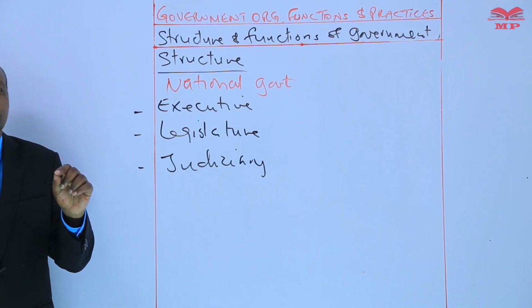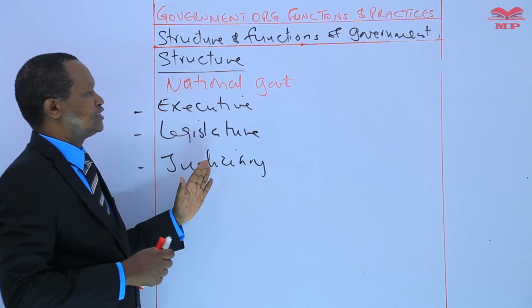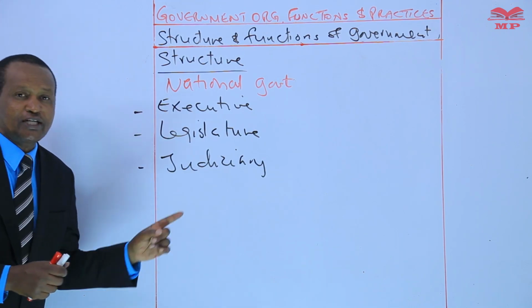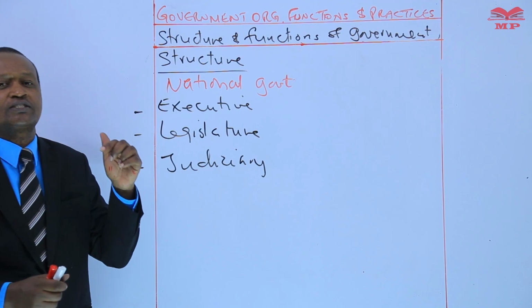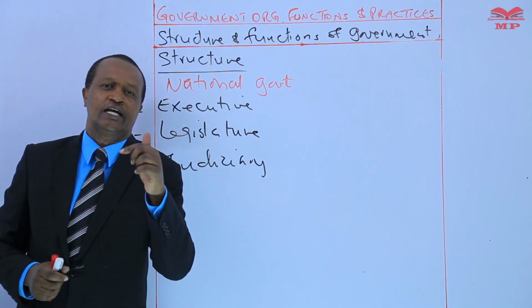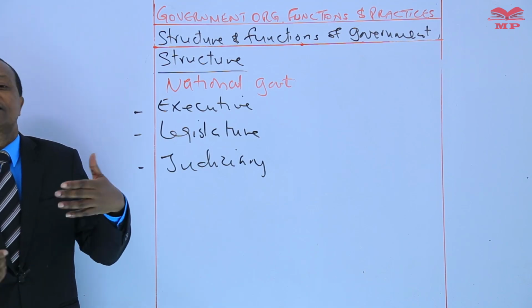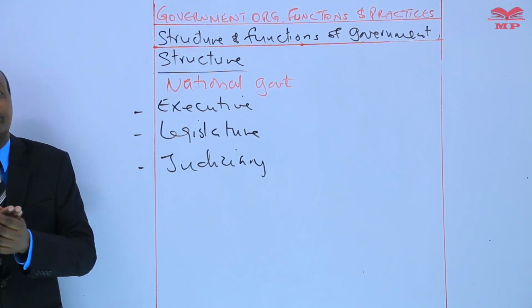Now, in addition to these three branches, there are also independent commissions and offices that are responsible for overseeing various aspects of government, such as the Independent Electoral and Boundaries Commission. Another example is the Ethics and Anti-Corruption Commission.